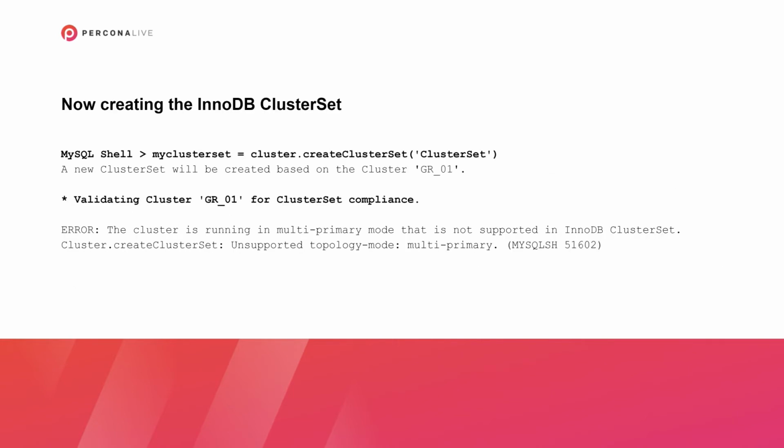So it's also just one command based on your previously created InnoDB cluster. You just give it a name. I put the name cluster set there, which might be a bit confusing in hindsight.